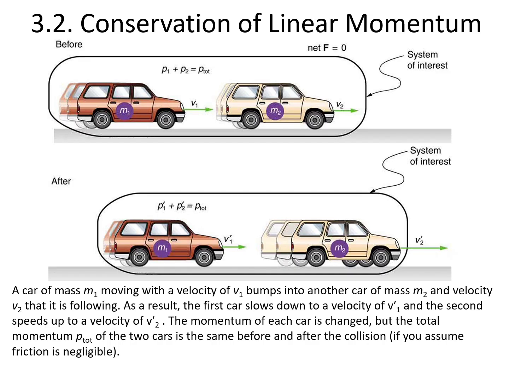Before the collision, the total momentum is the momentum of the first car plus the momentum of the second car. After the collision, the total momentum is again the momentum of the first car plus the momentum of the second car, using their new velocities.